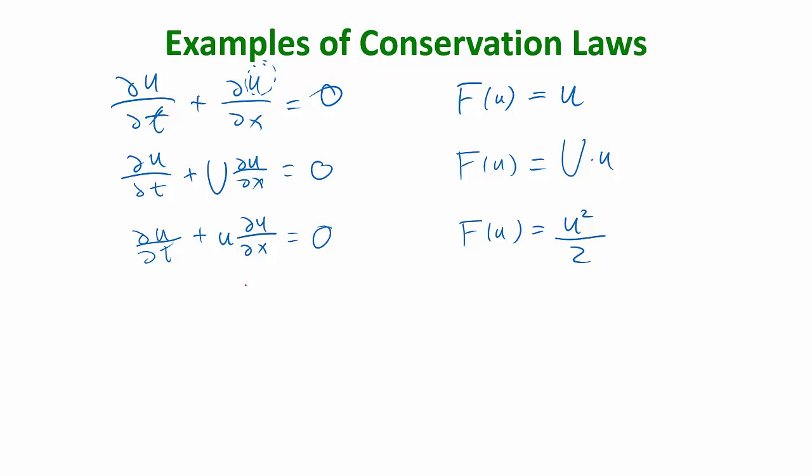That is because if f of u is equal to this, then partial f of u partial x is partial u squared over 2 partial x. That is u times partial u partial x. That's exactly what we have. And this has a name, it is Burgers' equation.